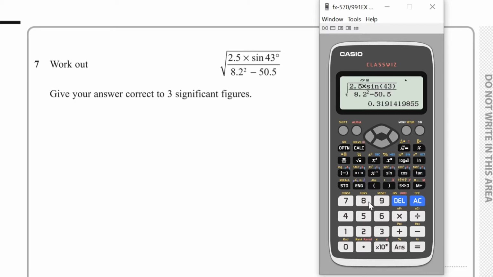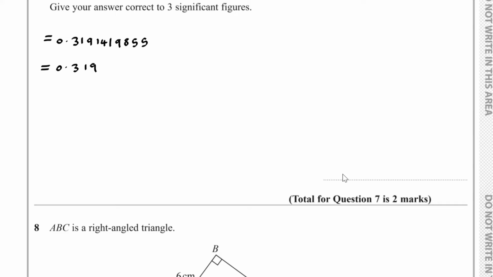We end up with a value of 0.319141985, which to three significant figures is 0.319.